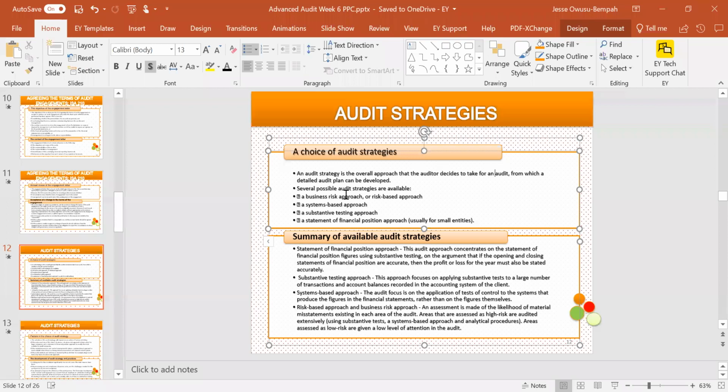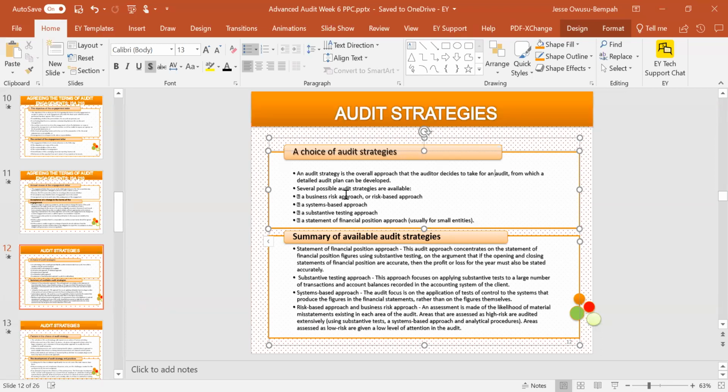Then the risk-based approach, or business risk approach. An assessment is made of the likelihood of material misstatements existing in each area of the audit. So here you are approaching things from a risk point of view.